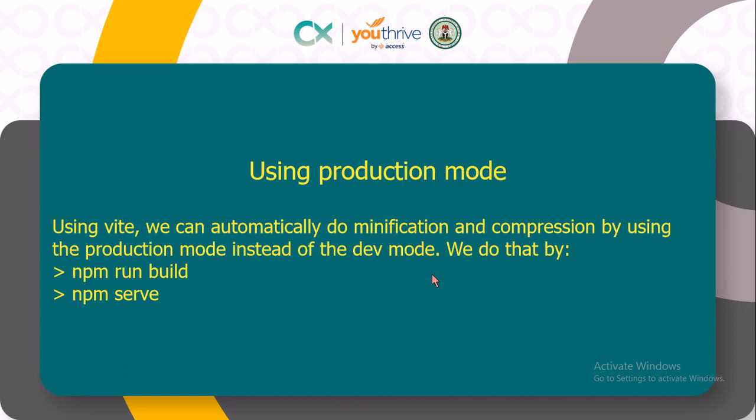So you recall that we have been typing npm run dev, because we are using the development mode. After you finish testing your project and you're sure that you've optimized it, as a last check, you can remove all your console.log, because those things too can slow down a web page if there are so many console.log.